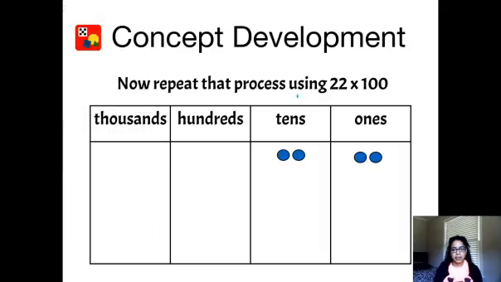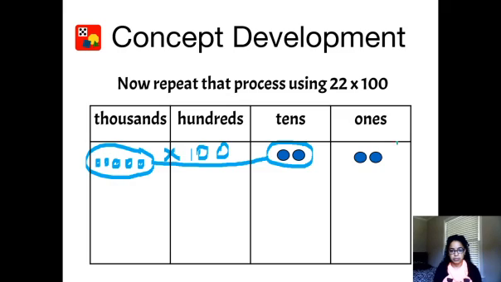Alright, so now repeat the process using 22 times 100. Remembering that each place value increases by 10 when you go to the left. So if I'm going to multiply by 100, I have to move 10 and then 100 over here. So, here we go. I'm going to show my multiplication, 100. And that will give me 1, 2, 3, 4, 5. Okay, and then over here, the same thing. Move it over 10, 100.